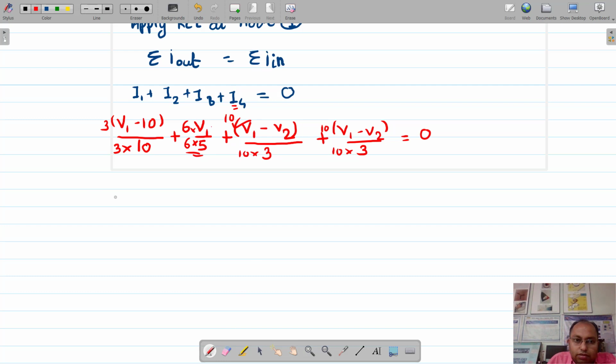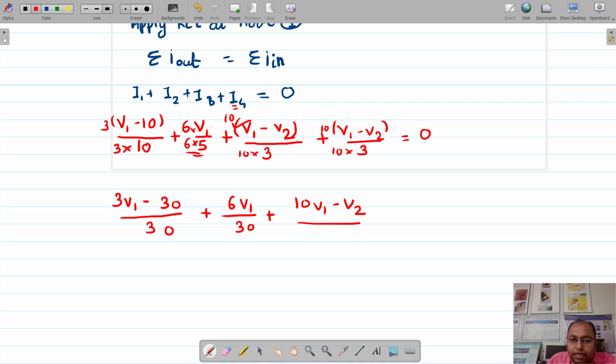So (3v1 minus 30) divided by 30 plus 6v1, 6 5s are 30, plus (10v1 minus v2) divided by 30.